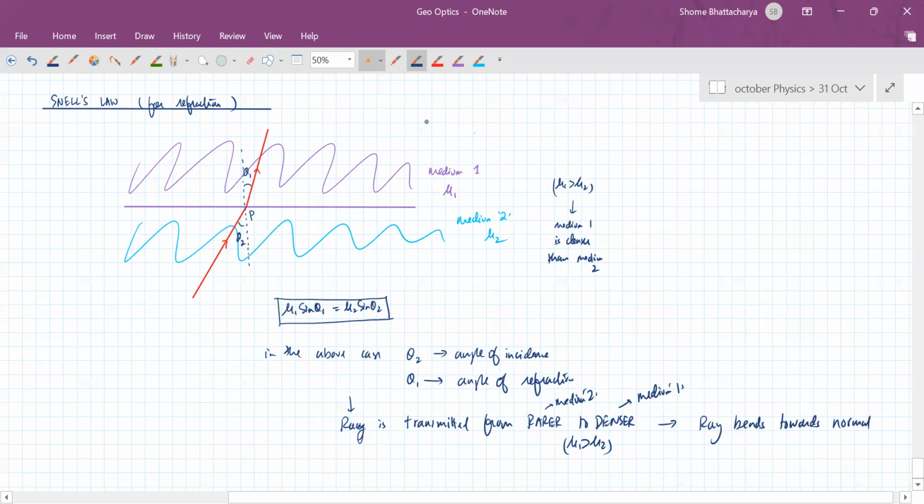But in the same pair, for example, if we had a situation like this now, same thing, mu1 is greater than mu2. But now this is the incident ray. So this will bend away from the normal.